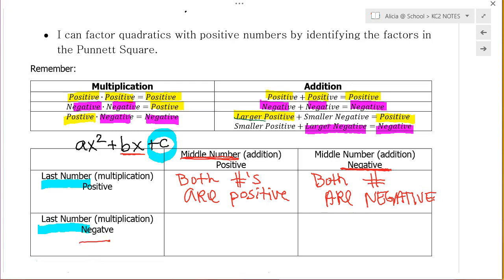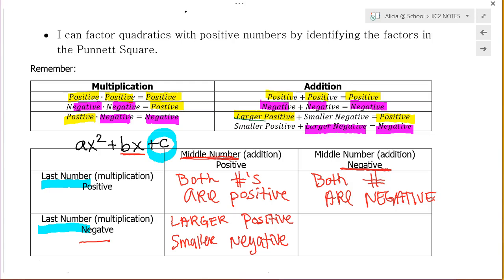Alright, well, what happens if that last number is negative? Then, if my middle number is a positive, you have to pick the larger number and make that positive, and the smaller number has to be negative, because again, we want to add up to that middle term, and if it's a positive, that means that there's more positives than negatives.